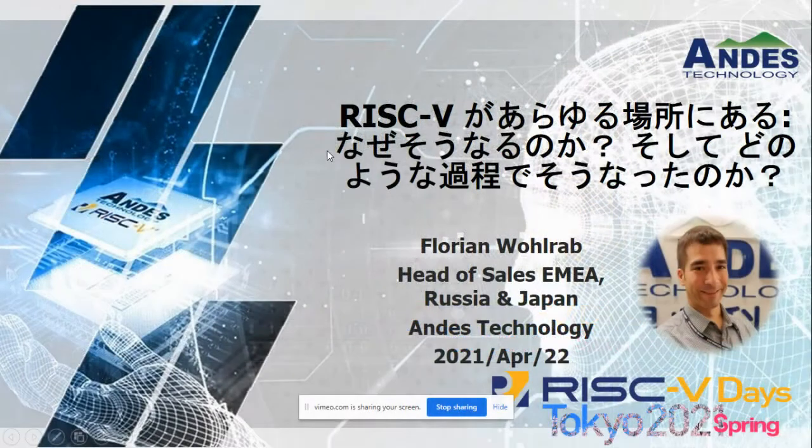So, hello and konnichiwa. My name is Florian. Like Niwa-san said, I'm the sales manager at Andes Technology for Japan and also Europe. Today, I want to give you an introduction about Andes, but more importantly, about RISC-V. Because like Callisto already said, RISC-V is a really important architecture.